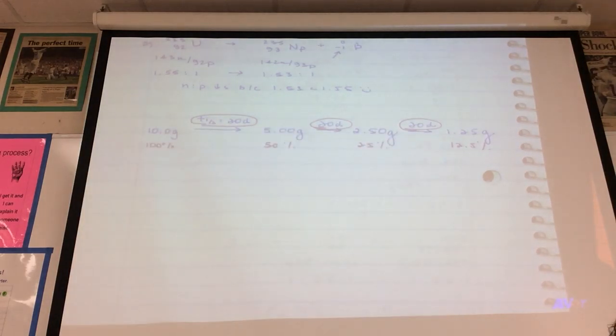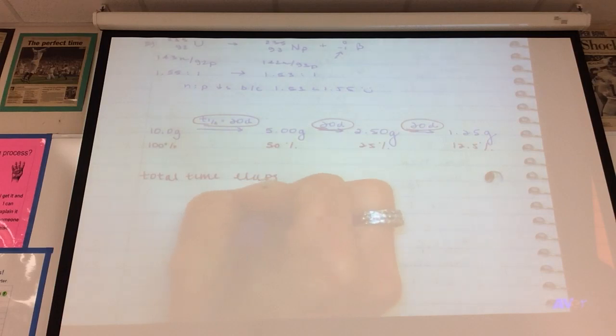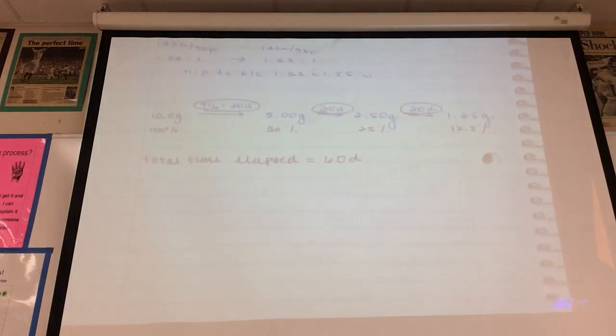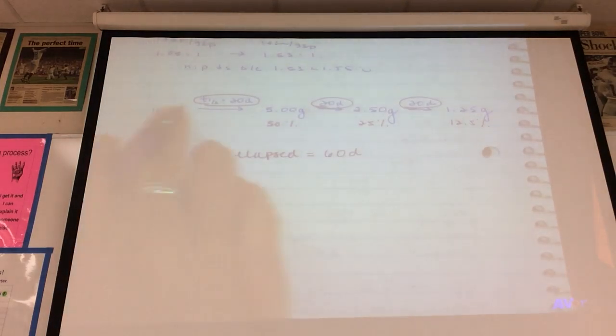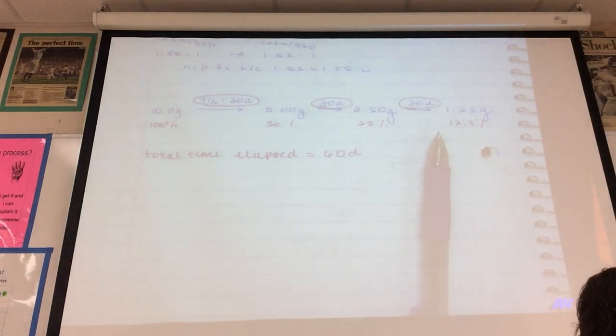How much time has passed after 3 half-lives? 60 days. So the total time elapsed is 60 days. So one way to figure out how much sample remains is to just chain it along. There's another way to do it that's probably a little bit easier that we'll take a look at.